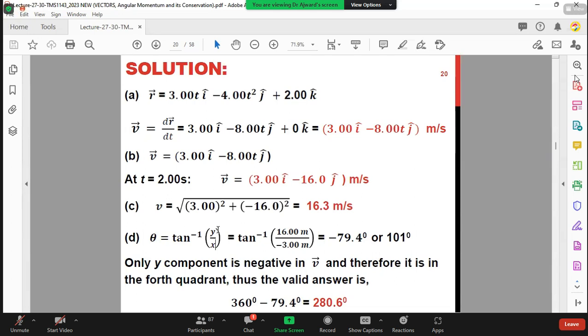So you use the y component over the x component, vy over vx, in meters per second. And somehow you get a minus, and you actually get two angles. But you see here, what component is positive and what component is negative? X component positive or negative?